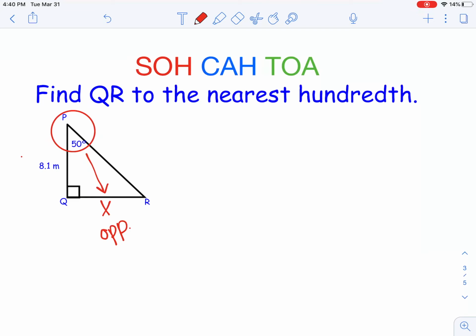And then 8.1 meters, that is representing our adjacent side. It is not our hypotenuse. It is not across from our right angle.